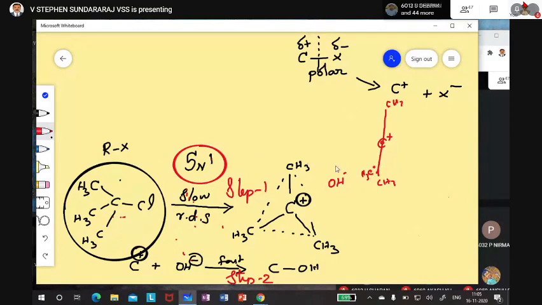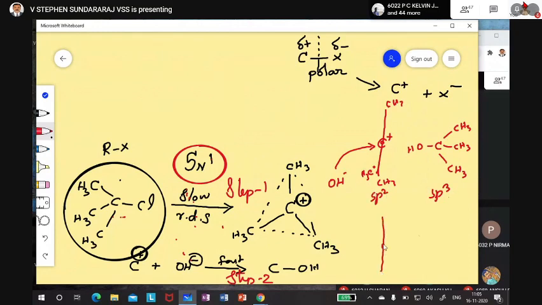So OH minus can attack from this side. Once it is attacking from this side, what happens? OH will come this side, and the CH3 will be bending towards that side, because now automatically it becomes sp3. This is sp2. It becomes sp3 when it forms 4 bonds.